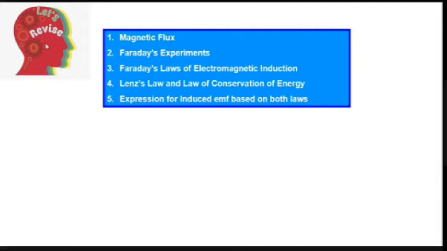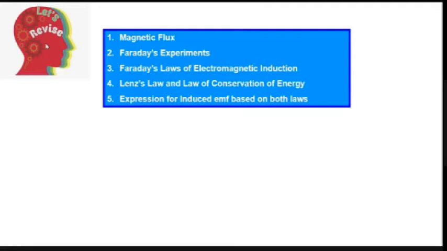Faraday was the first person to demonstrate that, and using those experiments he arrived at some observations and conclusions, and that defines the phenomenon of electromagnetic induction. In short, a change in magnetic field or magnetic flux gives rise to an EMF.